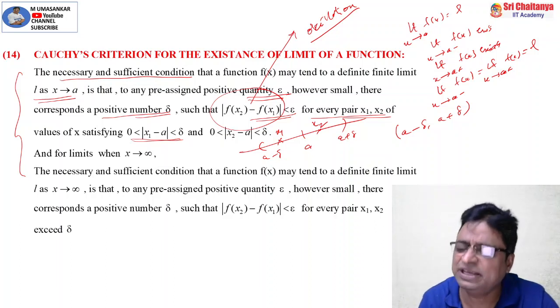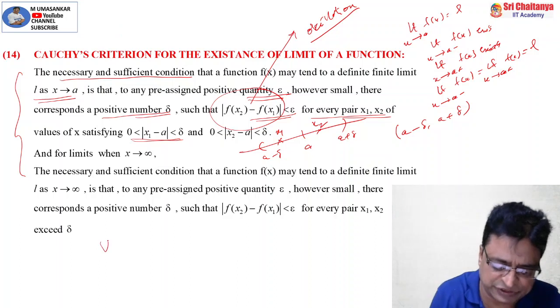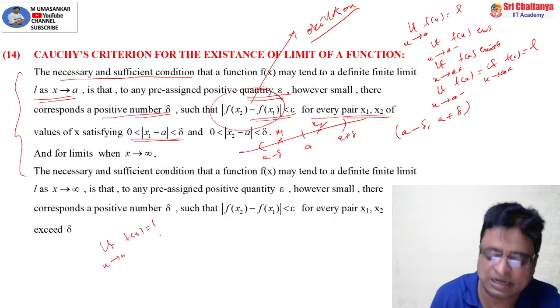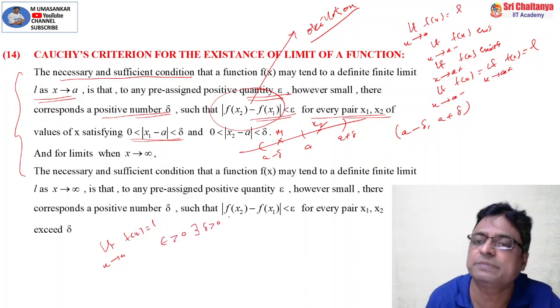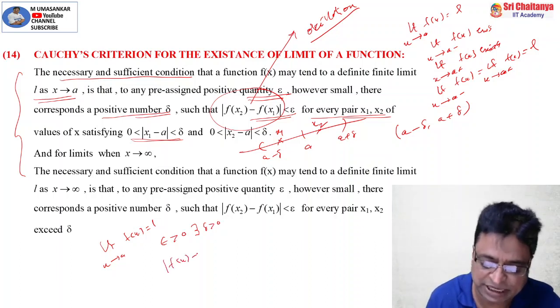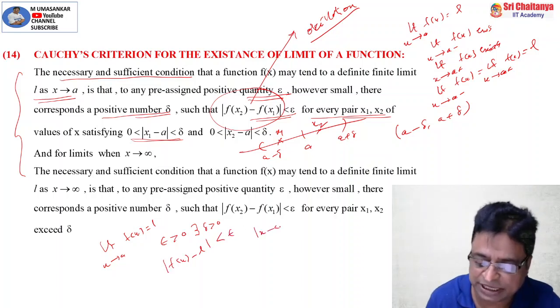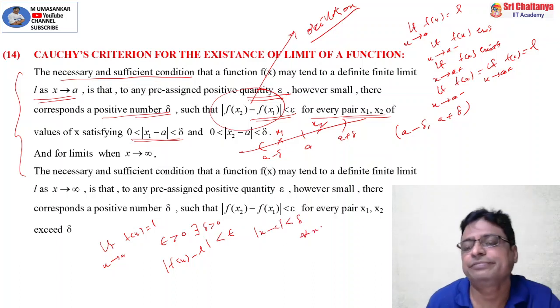So the same thing is nothing but, as we said, limit x tends to a f of x is equal to L. Analytically, for epsilon greater than 0, there exists a delta greater than 0, which depends upon epsilon, such that mod f of x minus L is less than epsilon whenever mod x minus a is less than delta, for every x.